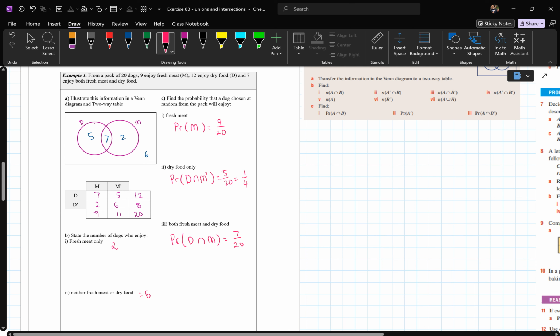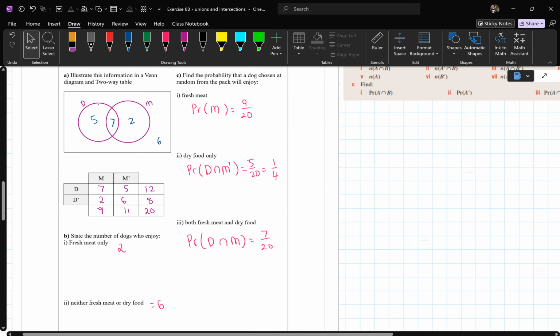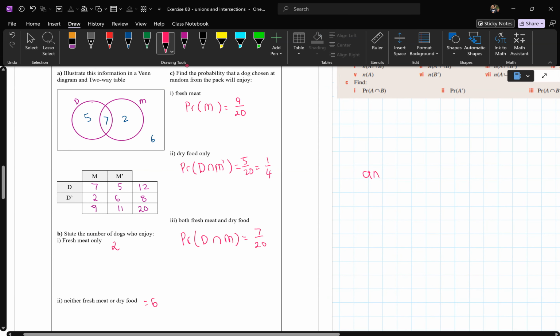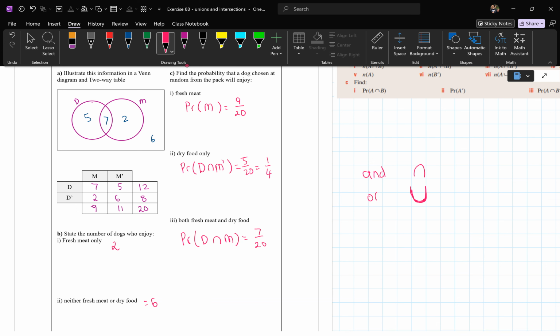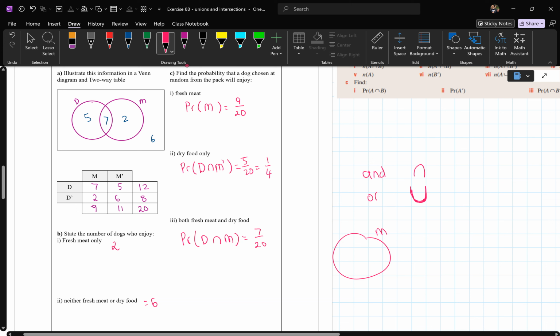And that's one of the key things to get your head around: the word and, and the word or. When you see the word and, you should think of intersection, and with or, you have a choice, and hence you combine all the possible choices. And is trickier because both of them have to occur. So not only does M need to occur, so fresh meat, but dry food has to also be involved as well.